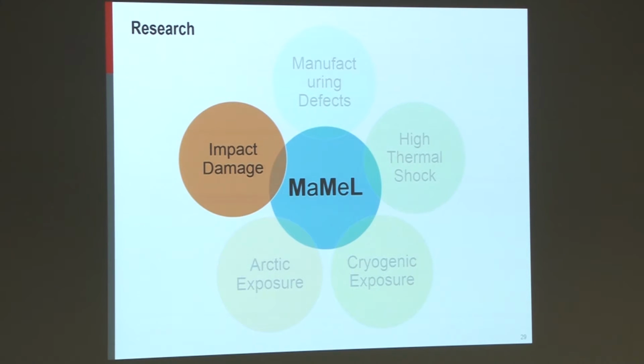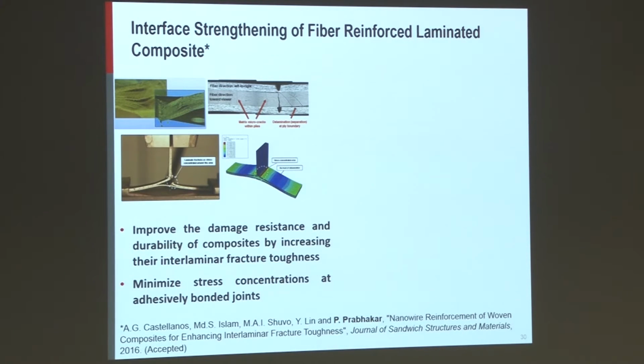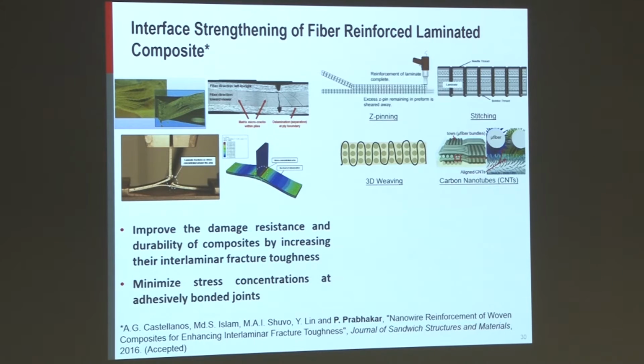As I mentioned earlier, we are interested in improving the interlaminar fracture toughness and improving the damage resistance and tolerance. Earlier researchers have studied different methods. The goal here is to improve the through thickness response of a laminate, because we want to reduce the effect of impact damage or edgewise compression. Some methods are Z-pinning, stitching, and 3D weaving.